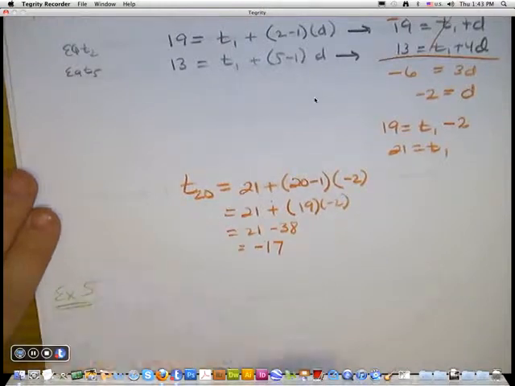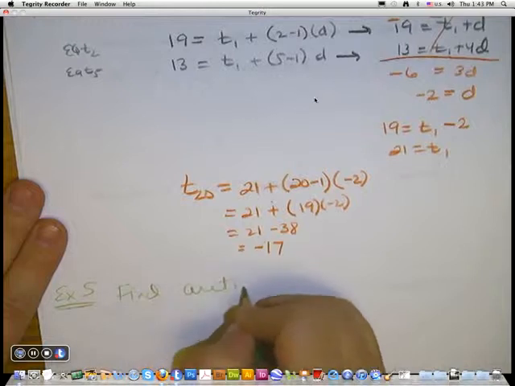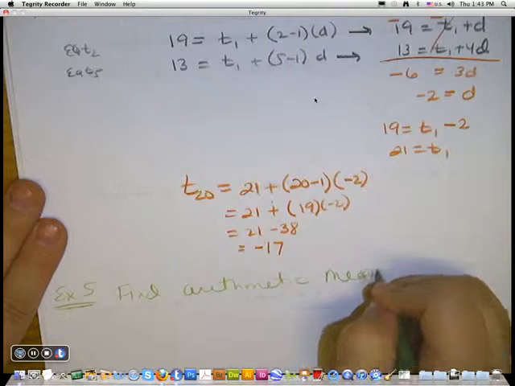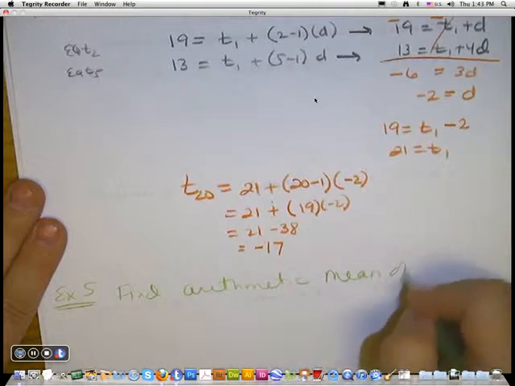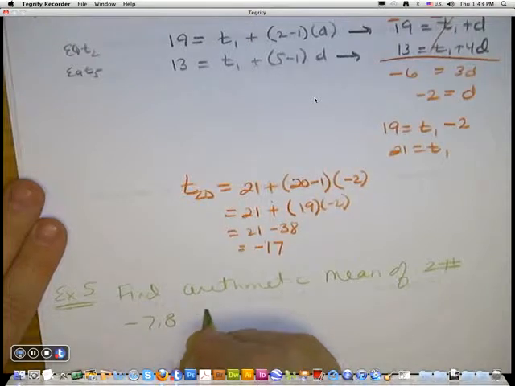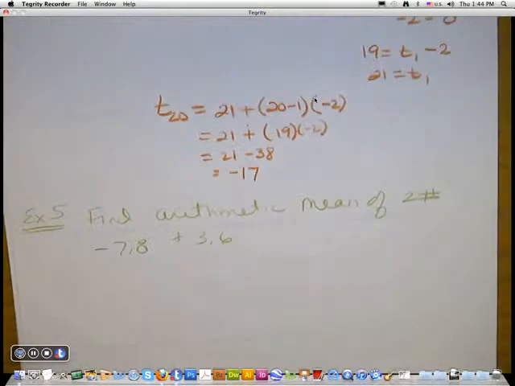Example number 5 is going to ask you to find the arithmetic mean of two numbers. So for example, I'm going to give you -7.8 and 3.6. Well, an arithmetic mean is exactly what you've been doing anytime you've ever found a mean, and that is the average.